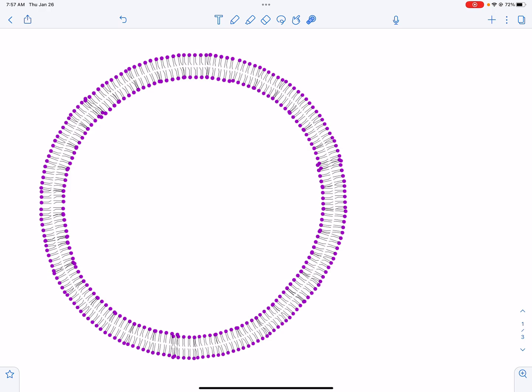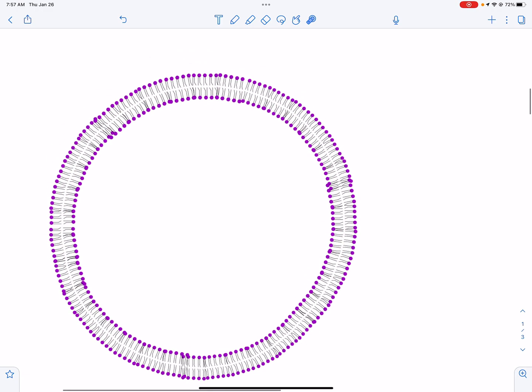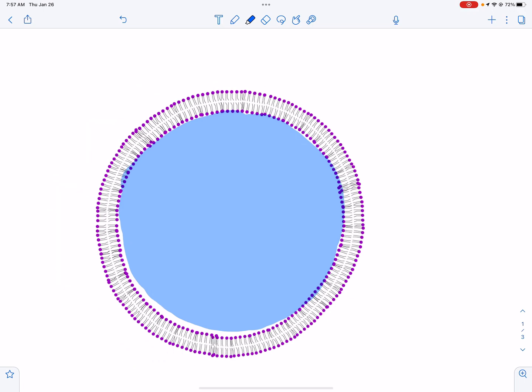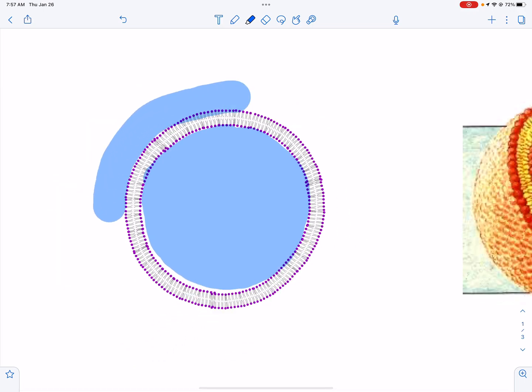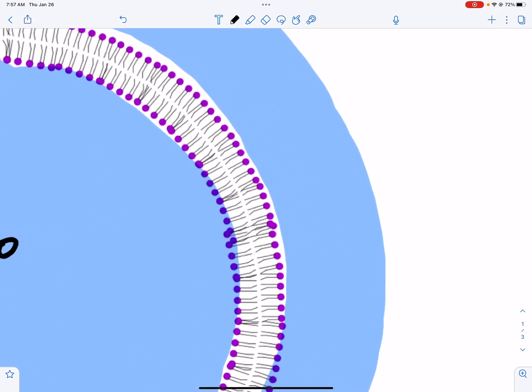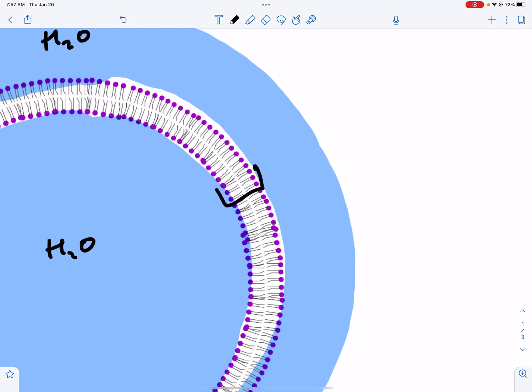We are going to form a total, complete ring of a bilayer where we have water on the inside of this structure and water now on the outside of this structure. So this is H2O and this is H2O. And here you can see we have our bilayer.